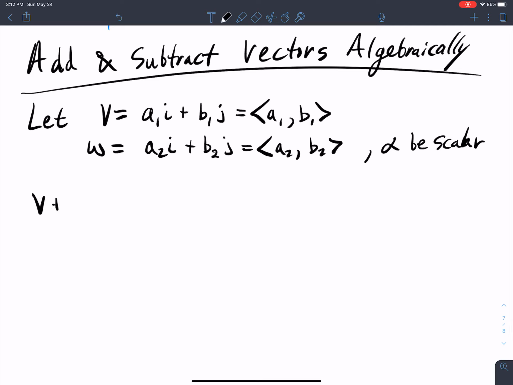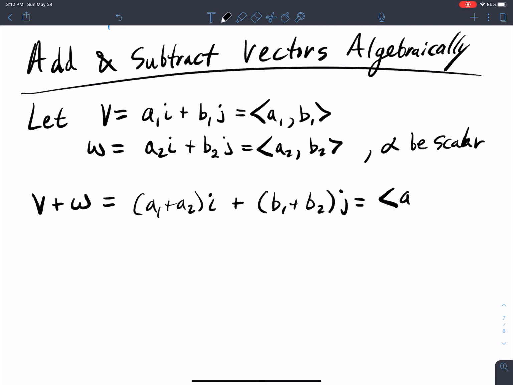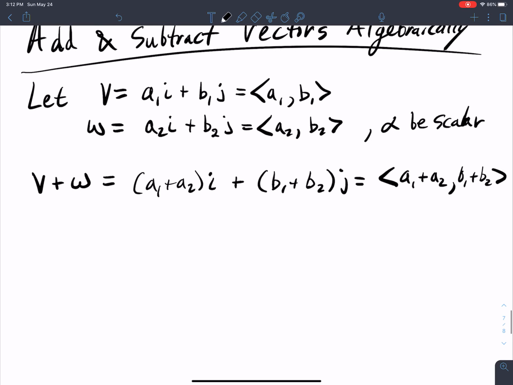Then V plus W is equal to (a1 plus a2) i plus (b1 plus b2) j, which equals (a1 plus a2, b1 plus b2).